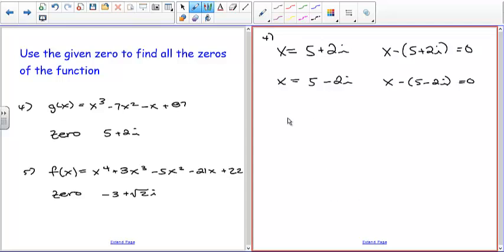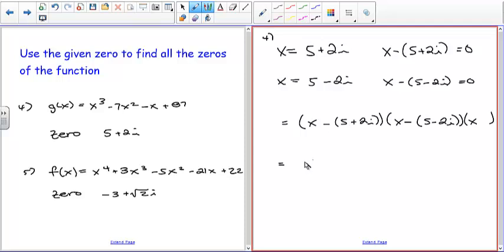So we have the original expression is going to be x minus 5 plus 2i times x minus 5 minus 2i, and then this third factor, which we're going to figure out in a second. But to do that, we're going to multiply this thing out FOIL-wise.